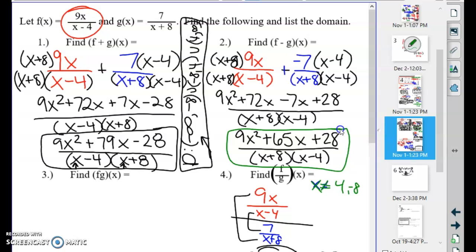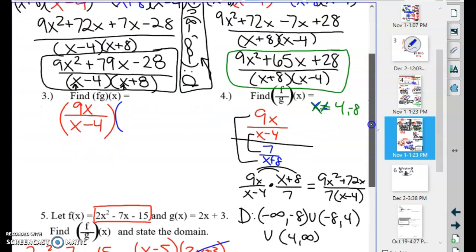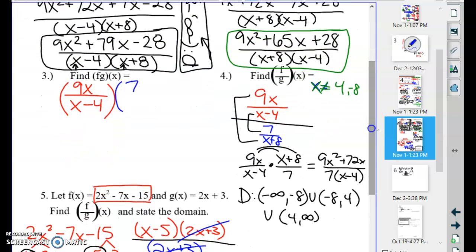Okay. Now, last one, it says multiplying. So I'm going to take my 9x over x minus 4, and I'm going to put that in parentheses. And then I'm going to multiply it by, what was my second one? 7 over x plus 8.